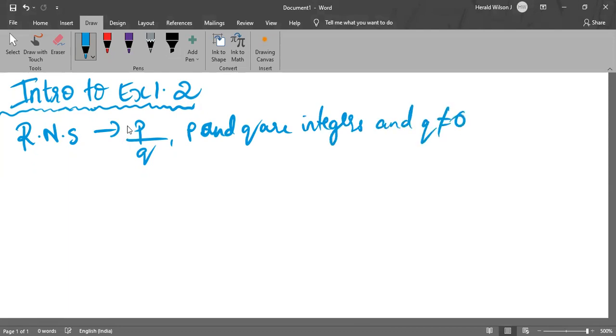Now, what are irrational numbers? Very simple, no? Numbers which are not rational are called irrational numbers. Absolutely.